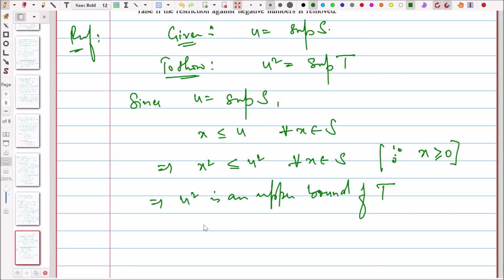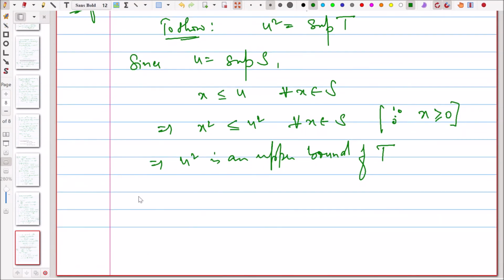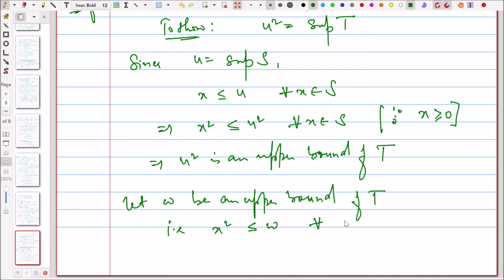Now we have to show that any number smaller than U square cannot be an upper bound of T. So let W be an upper bound of T. We have to show that U square is less than or equal to W. That is, X square is less than or equal to W for all X belonging to S. So this implies X is less than or equal to root W for all X belonging to S, because W is positive and X is also positive.